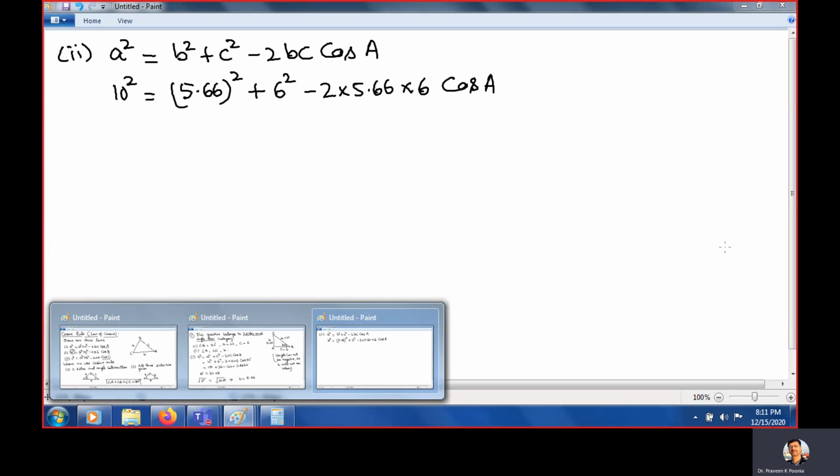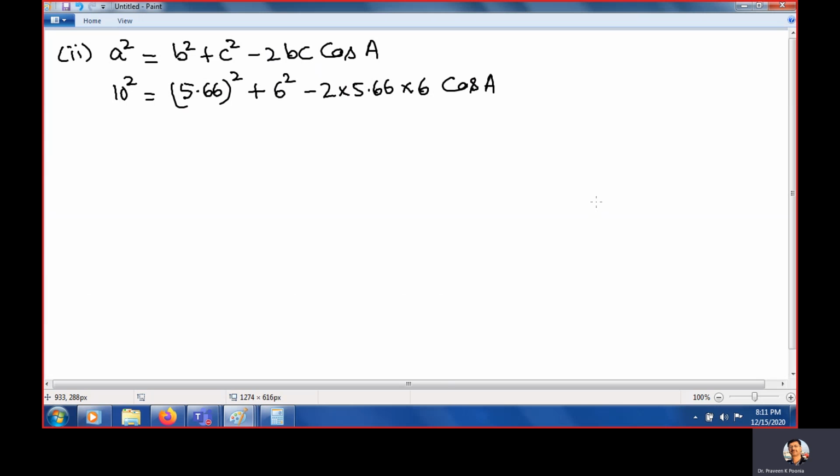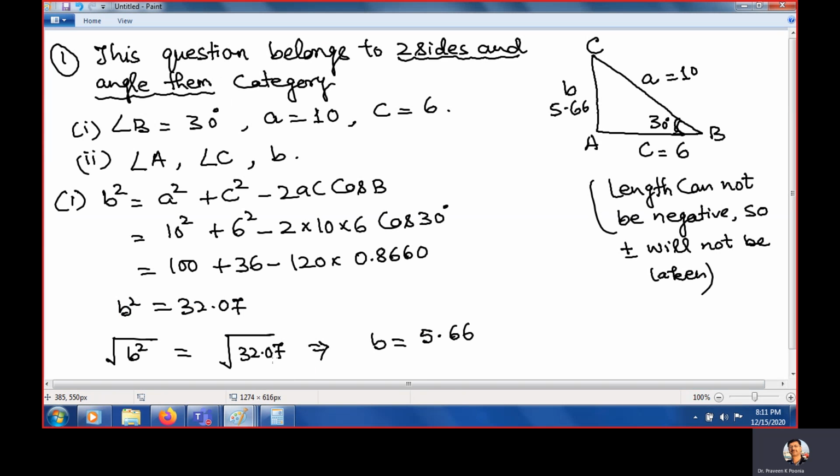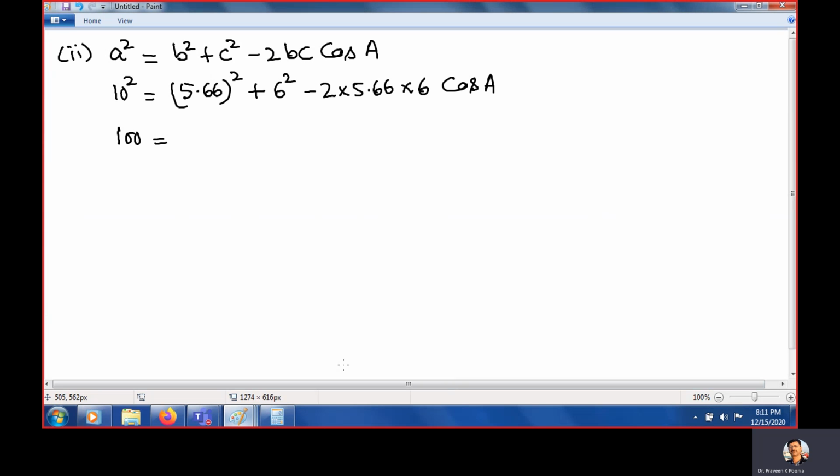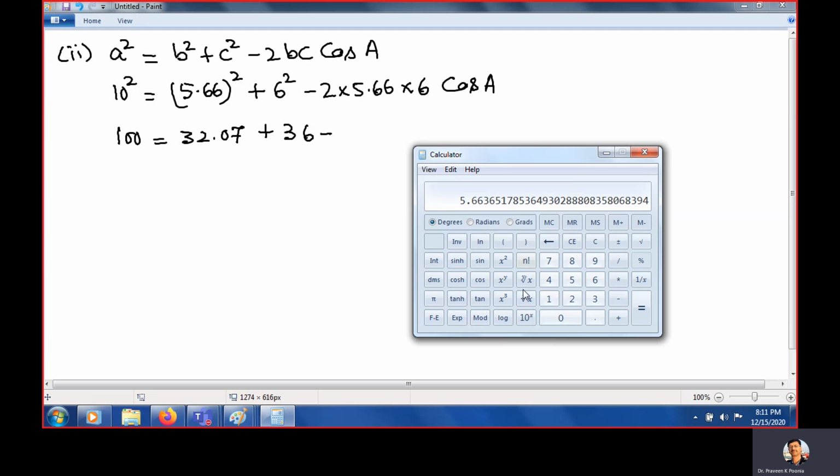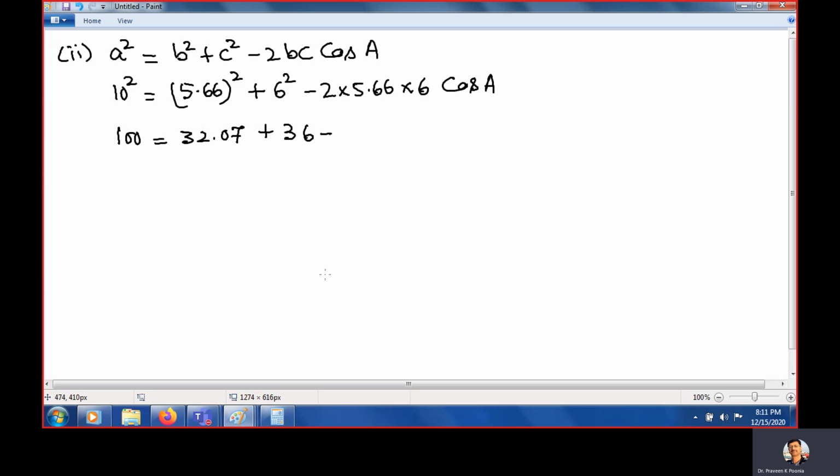Yes, perfect. Now it is very simple. You need to calculate it. Simplify the calculation. 10 power 2 is 100. 5.66 whole square is 32.07, plus 6 power 2 is 36, minus. Multiply these values. How much is it? 2 times 5.66 times 6 is 67.92.